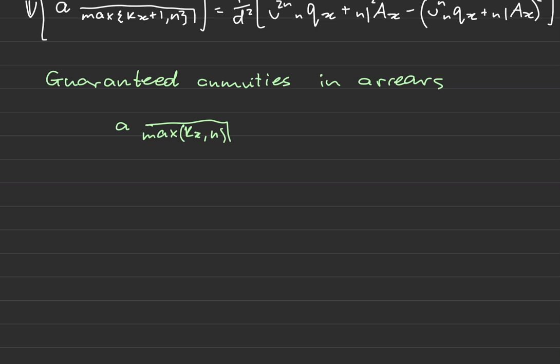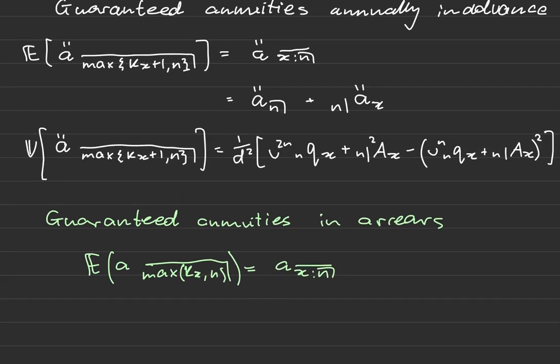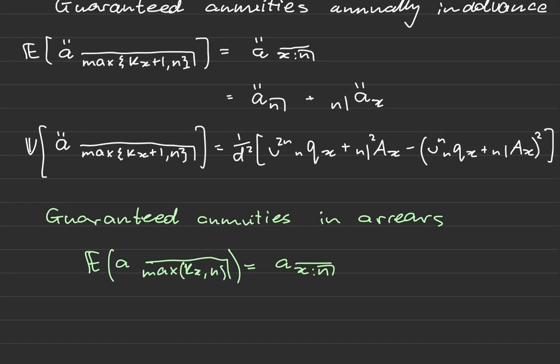Now, if I take the expectation of this random variable, then I get the expected present value, which in actuarial notation is this. Okay, so exactly the same as above, except I've dropped the dots, and I've also dropped this +1 in this term for the annuity, for the present value random variable. So why have I dropped this +1?